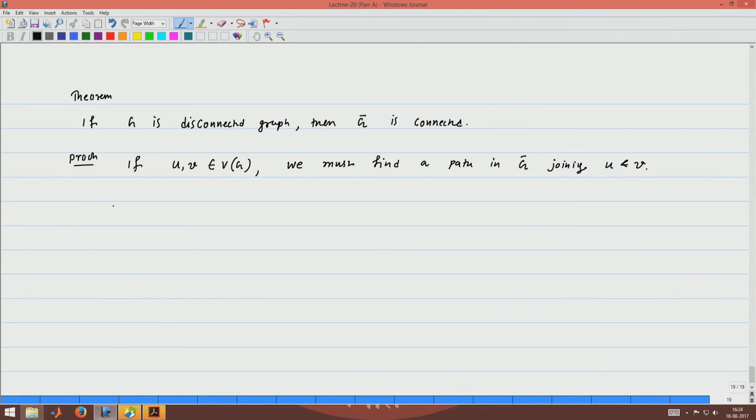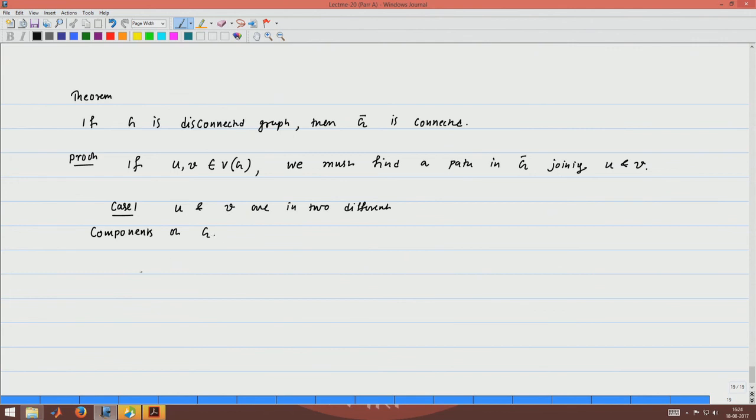So, case 1 is that U and V are in two different components of G. G is a disconnected graph.